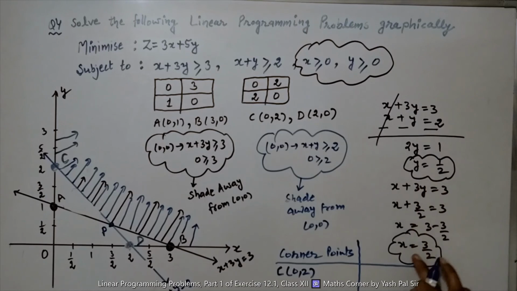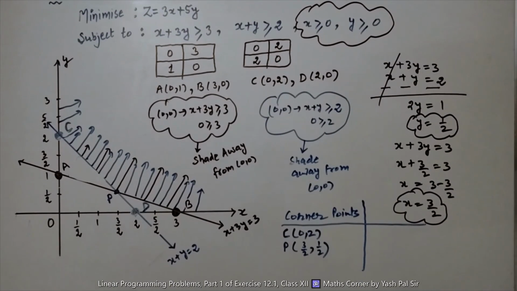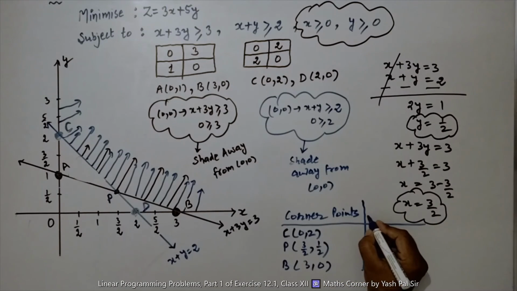This point is P, and the coordinates of P are x is 3 by 2, y is 1 upon 2. Right? Last one is B point. The coordinates of B are (3, 0).